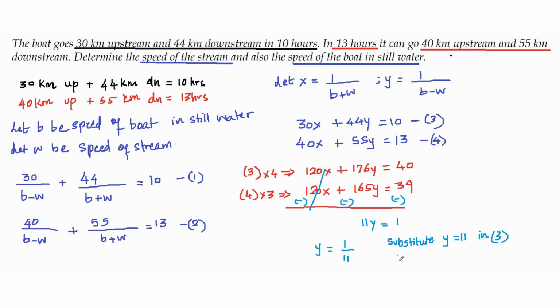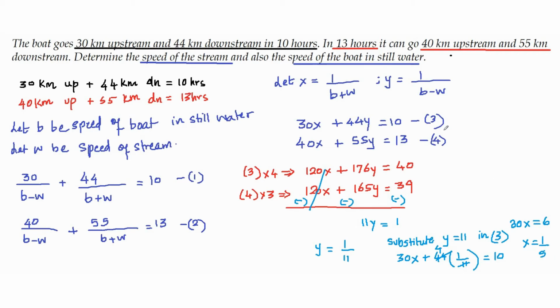So it becomes 30X plus 44 into 1 by 11 is equal to 10. Now 44 and 11 cancel 4 times, which means 30X is equal to 6. So 30X equals 6 implies X equals 1 by 5, right?